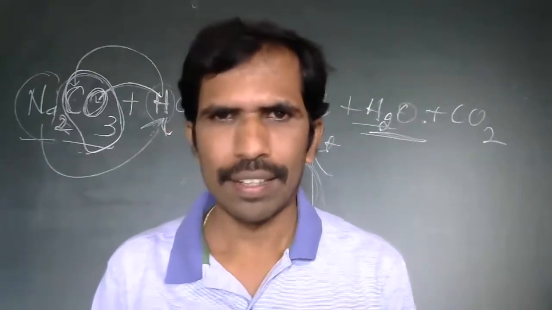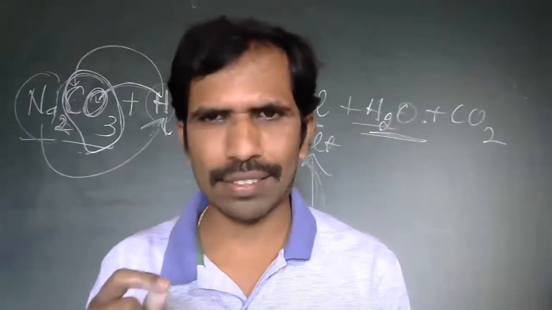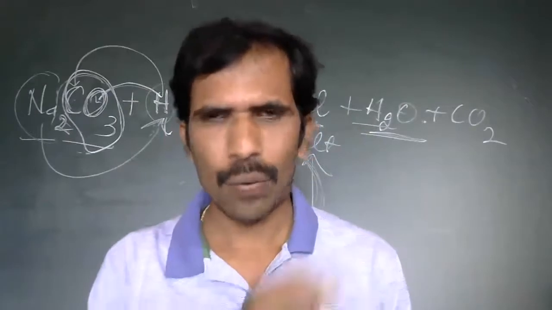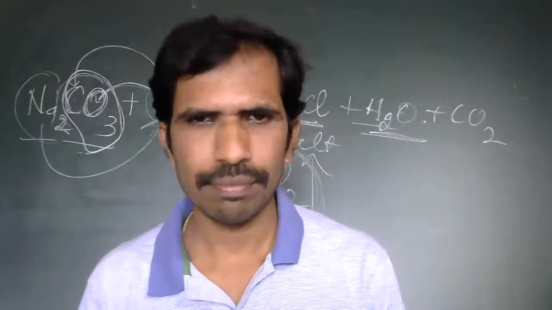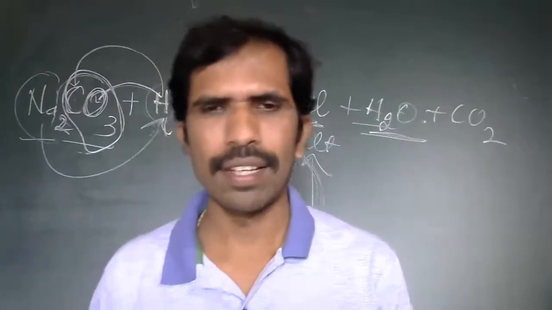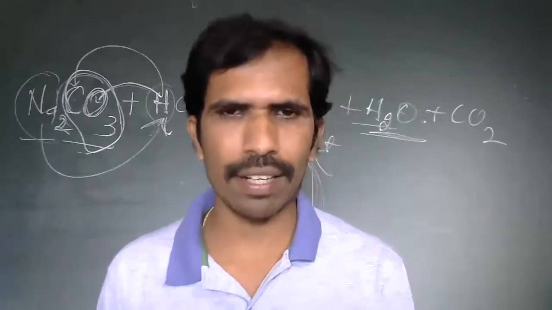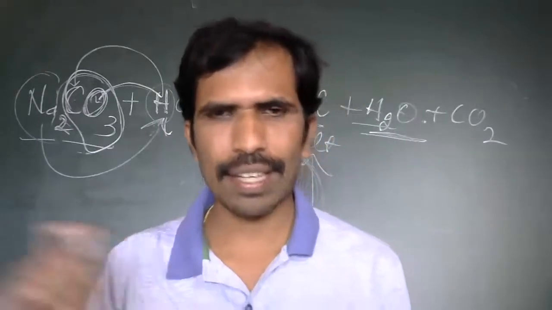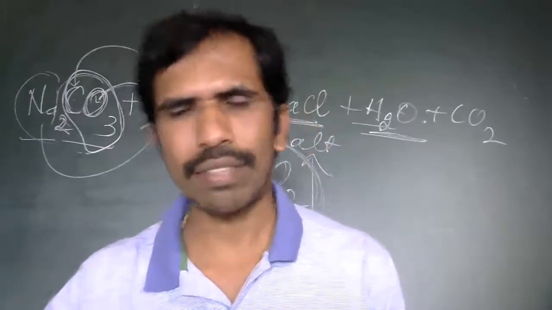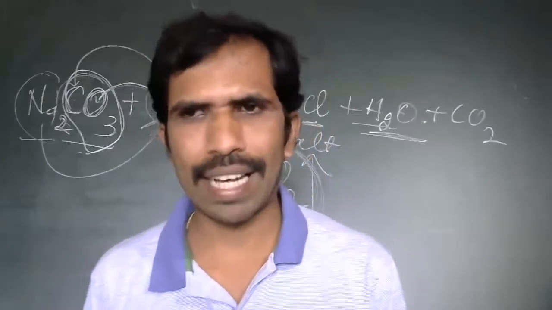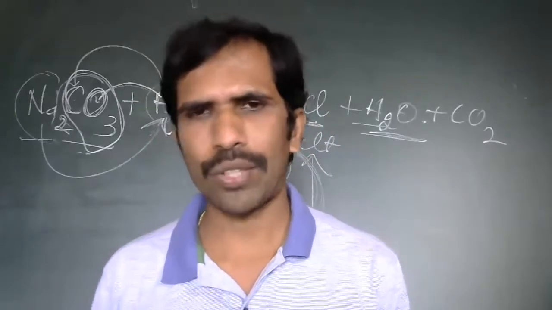Calcium hydroxide is a colorless solution. When carbon dioxide is passed through it, it turns milky white. It was colorless, and it turns milky white, meaning calcium carbonate and water are formed.